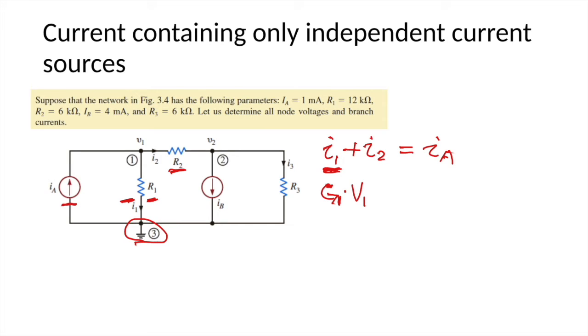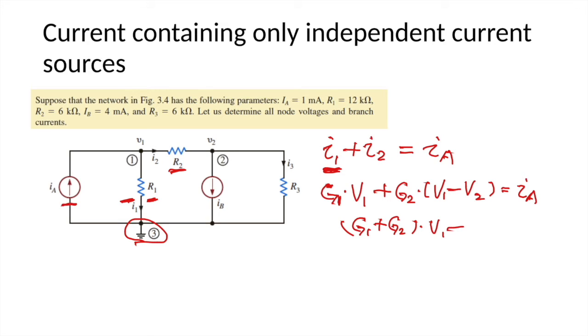How about I2? I2 equals G2 times V1 minus V2, and it equals IA. We can simplify this equation: G1 plus G2 times V1 minus G2 times V2 equals IA. This is from the KCL on node 1.